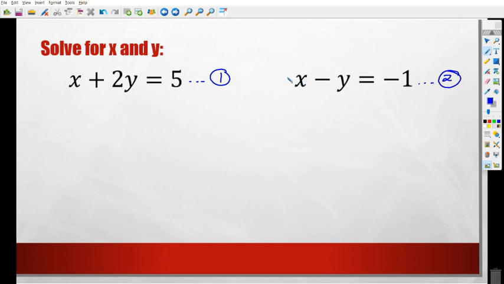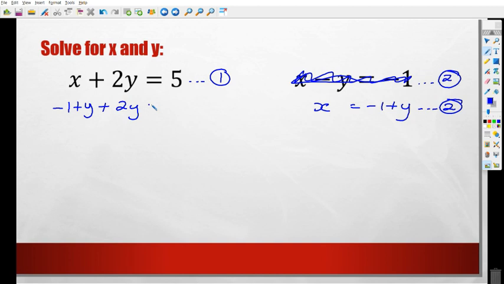Let's try something a little different. Let's try this one, so x is equal to negative 1 plus y. Let's try the other equation for once. I don't care about this one anymore; this is my new equation 2. So x is now equal to minus 1 plus y, plus 2y equals 5.